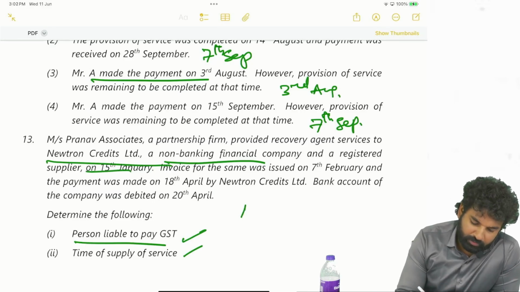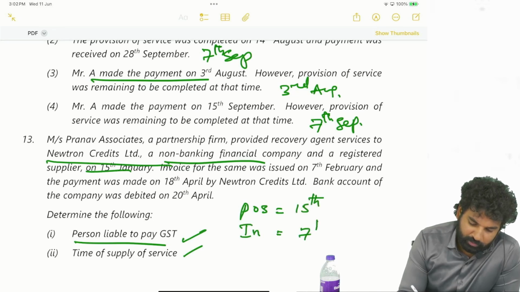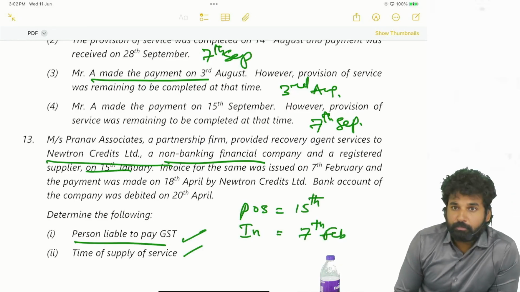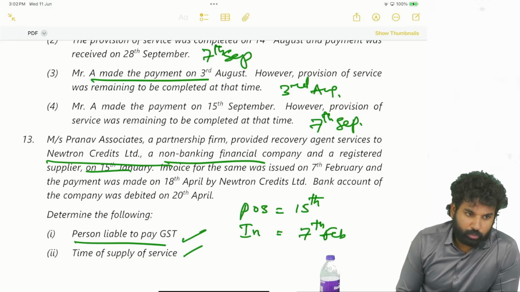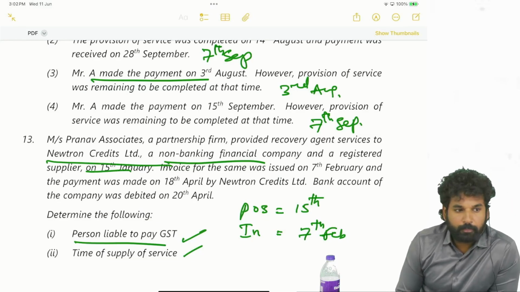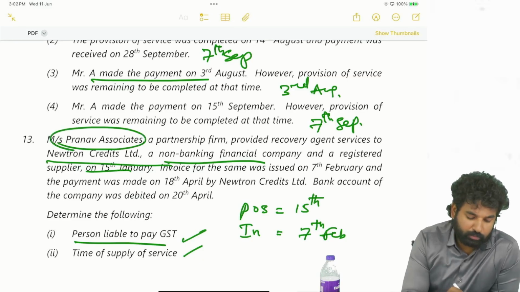Okay, the provision of services 15th Jan. Invoice raised on 7th February. Within time? Within time. Who has raised the invoice? Pranav is the supplier.